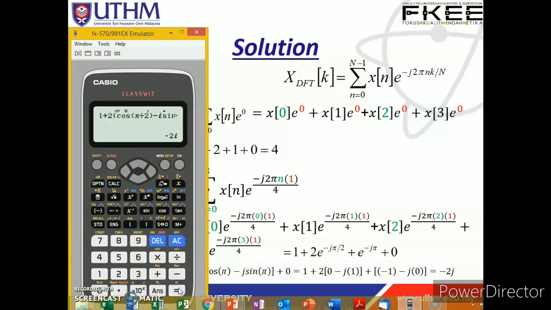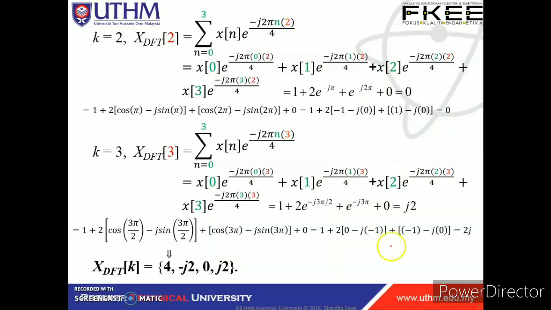So the answer will be -2j. Okay, right? So you can try at home how to calculate k equals 2 and also X DFT 3, when k is equal to 3, and the final answer will be 4, -j2, 0, j2.